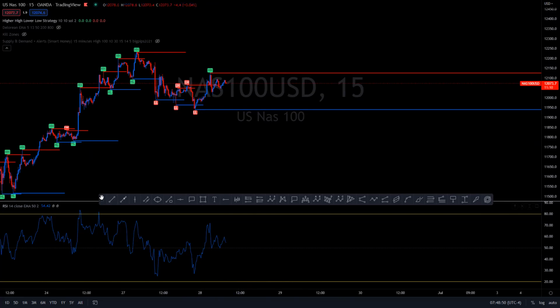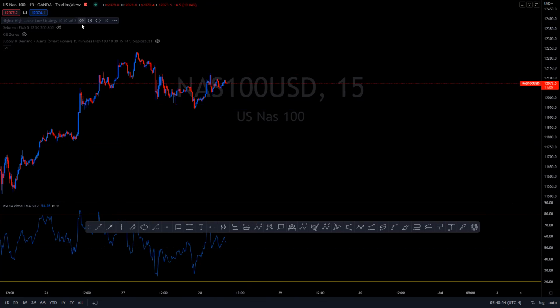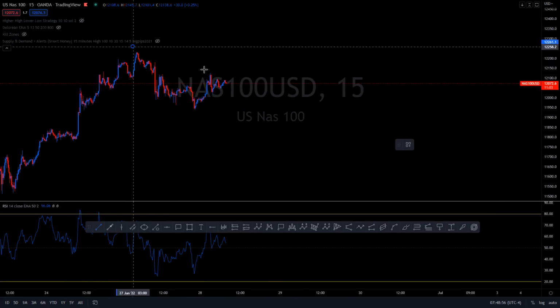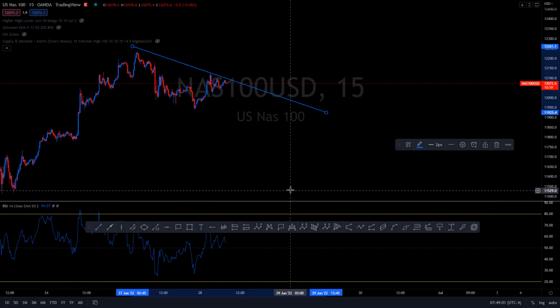But I want to think that price is overall bearish at this point. I can kind of see that on the RSI. So I'm going to just go ahead and say that price is overall bearish. I'm going to draw a trend line right here.